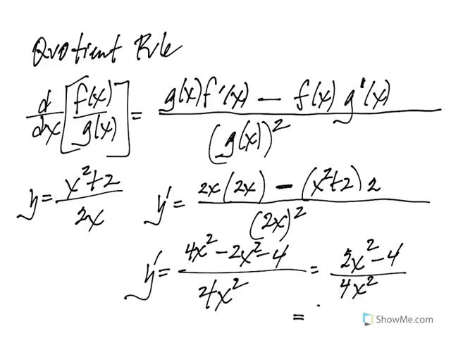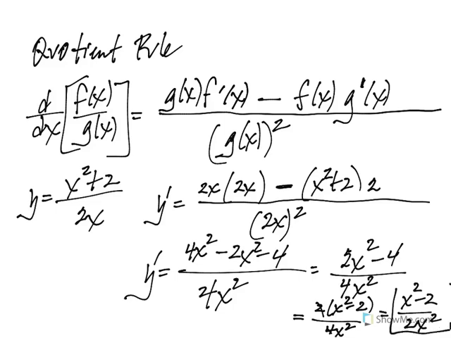I can take a 2 out of the top. Gives me x squared minus 2 all over 4x squared. Cancel, cancel. My final answer is x squared minus 2 all over 2x squared. All right, so tonight I think I would like you just to work on the derivative aspect of this. Don't worry too much about simplifying.